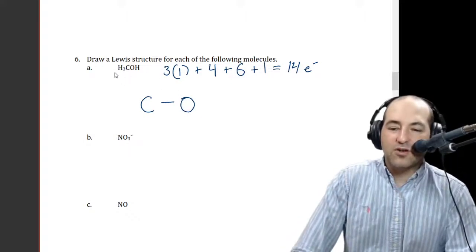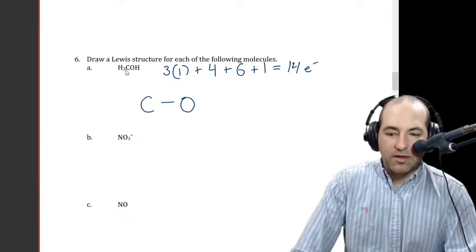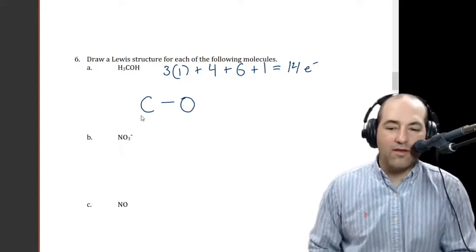Now, looking at this structure, can you guess why the hydrogens are split up like this? Why this says H3 over on the left, and then there's this H over on the right? Why do you think the formula might be written that way?